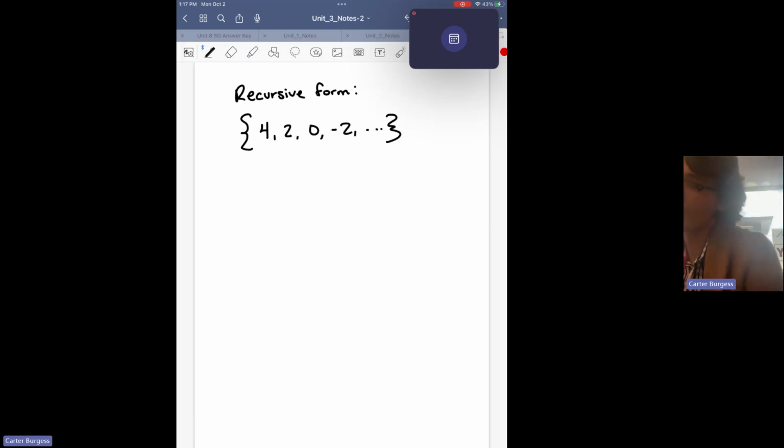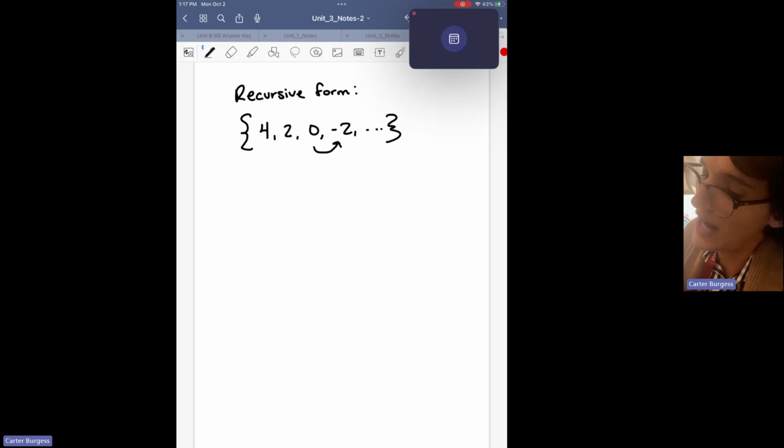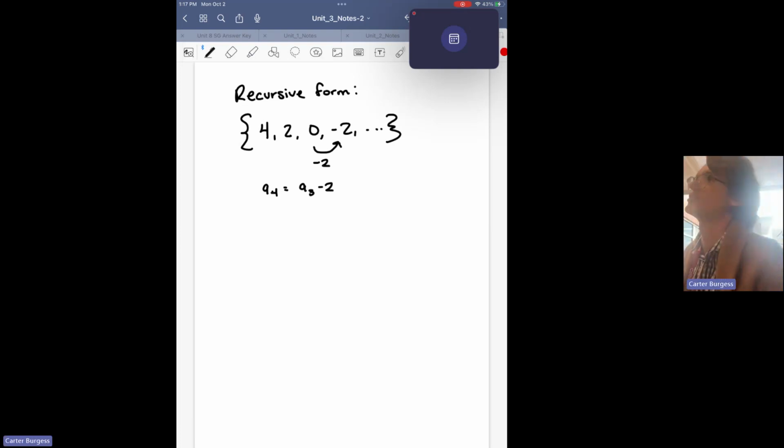For instance, if I wanted to communicate that the way I move from my third term to my fourth term is by subtracting 2, I might say a sub 4 is equal to the term that came before it, a sub 3, minus 2. And this would be recursive. I am taking a former output, a sub 3, and I am modifying it to take me to my next output.